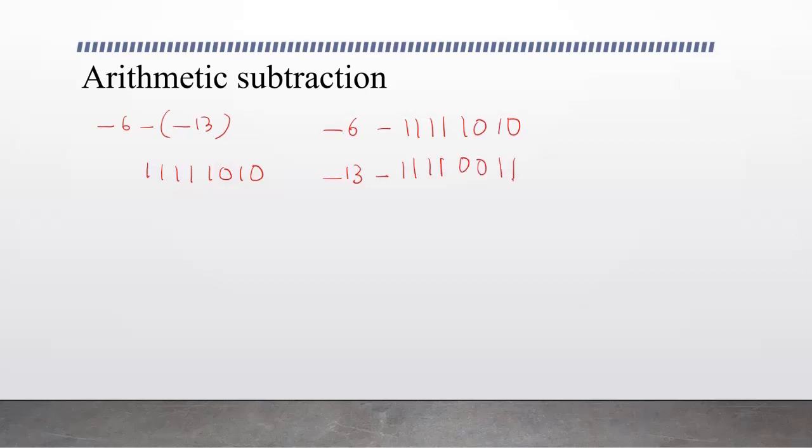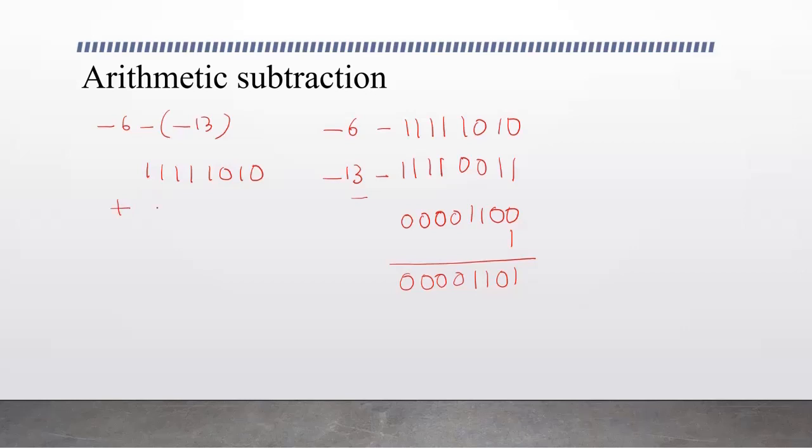Now the procedure says: take the 2's complement of the subtrahend, that is 13, and add it to the minuend. We need to take the 2's complement of minus 13. Its 1's complement is 0 0 0 0 1 1 0 0, and when we add 1, we get 0 0 0 0 1 1 0 1. So this is the 2's complement of minus 13. We add it to the minuend. Minuend is minus 6 already.